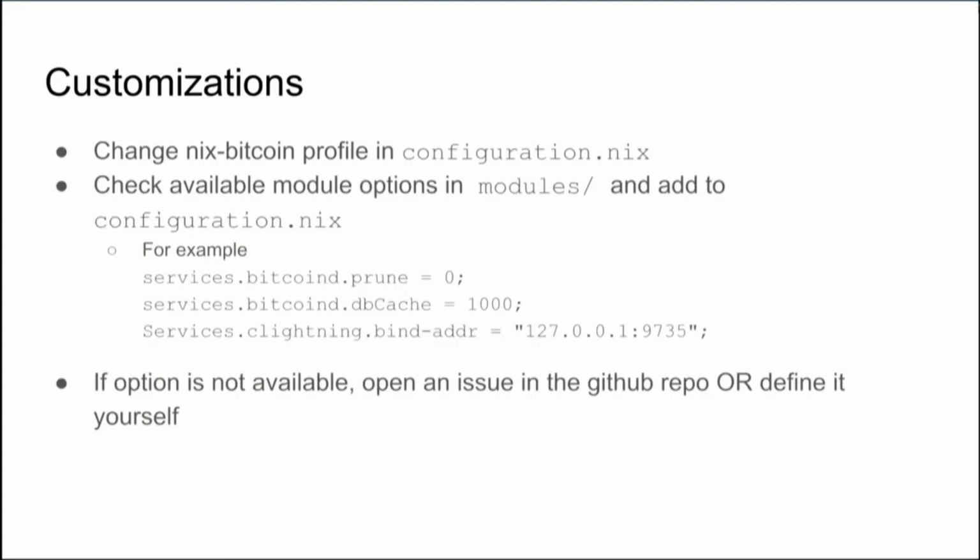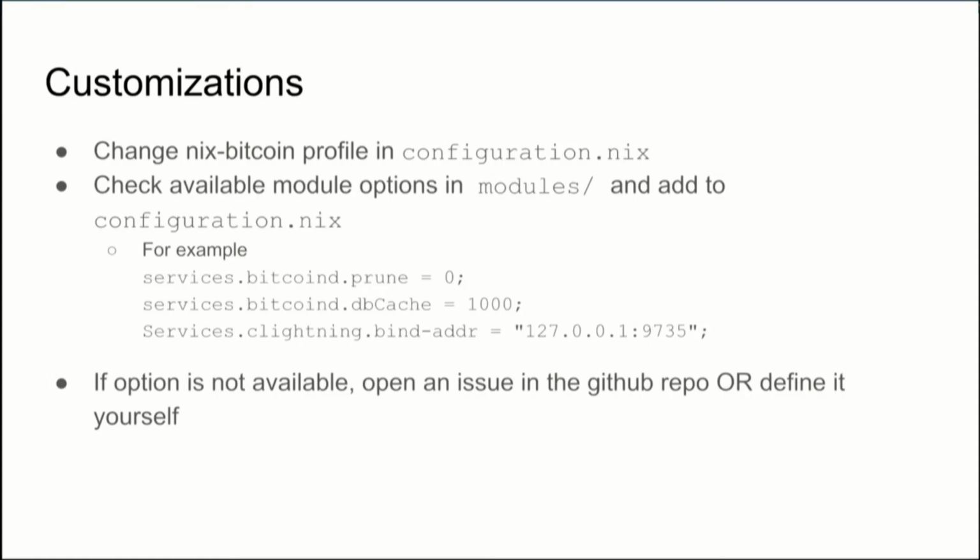Interesting would be how to customize this thing. One easy thing you can do is change the profile, but there's only two right now, so that's not very interesting. You can also check the available module options in the modules directory and add them to the configuration.nix.